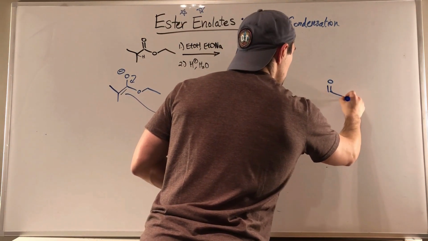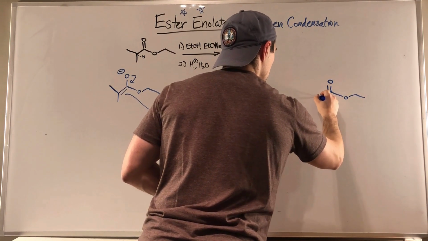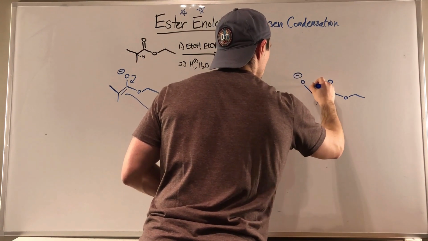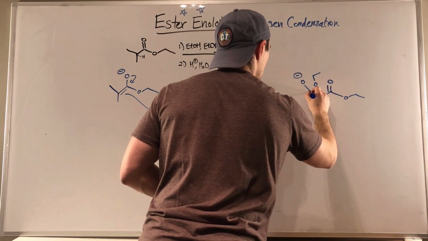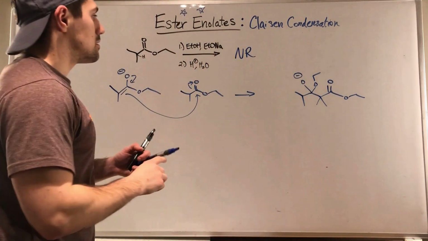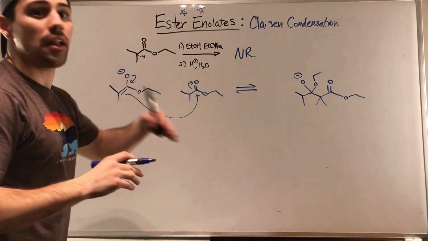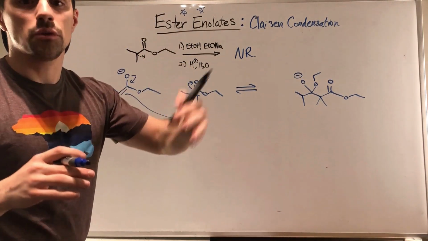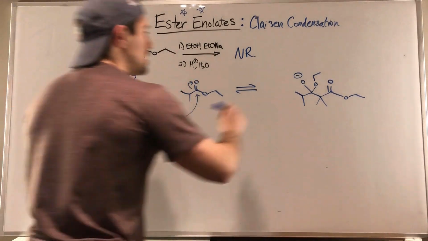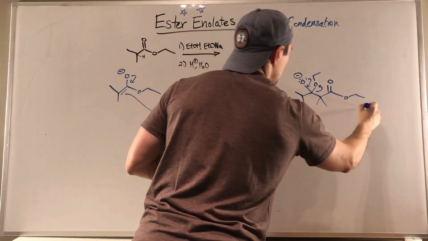Of course, I said I wasn't going to do the full mechanism, but here I am. And again, if I accidentally forget to do this, just remember it's not irreversible until we have that proton, the deprotonation step. Okay, tetrahedral intermediate collapses, we kick off our not so great leaving group.